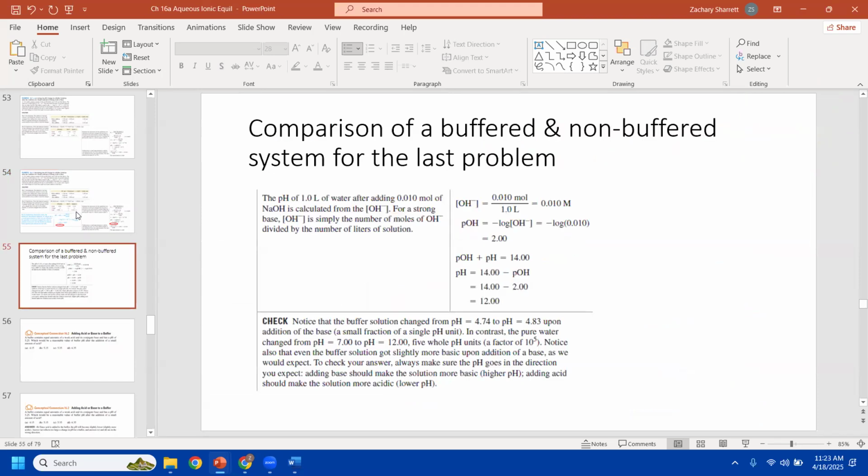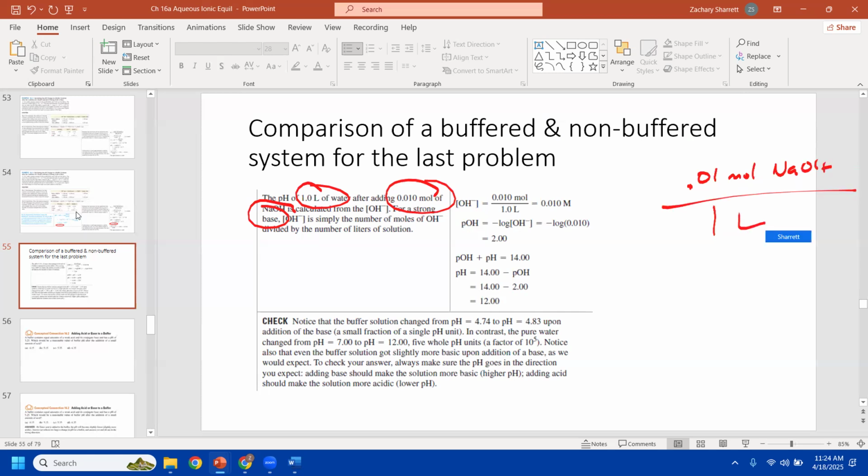So let's compare what would have happened if we just added 0.01 moles of sodium hydroxide to 1 liter of water. How would we calculate this? Anyone know? Honey, how would we calculate the pH if we have 1 liter of water and we add 0.01 moles of NaOH? Do we know the molarity of this solution?